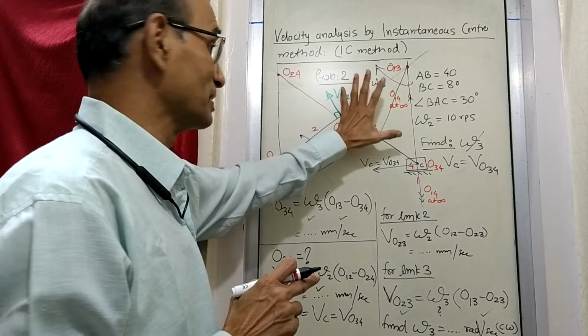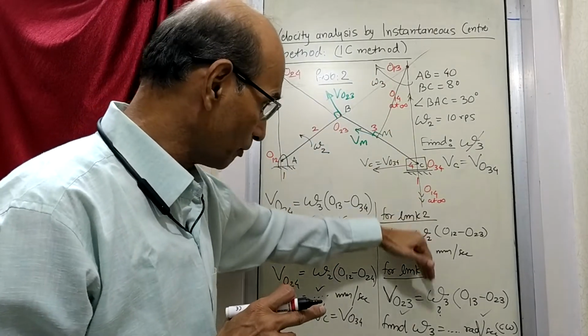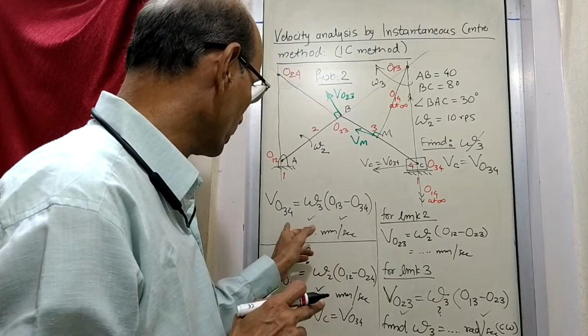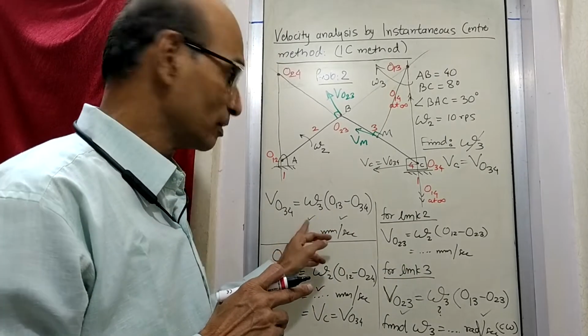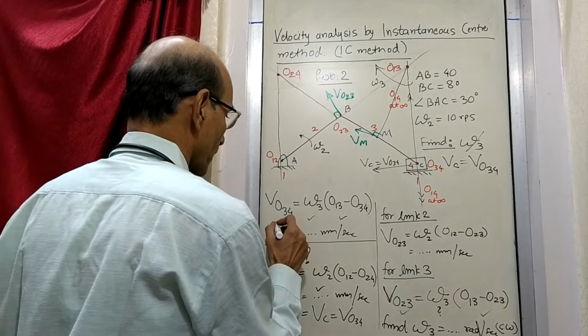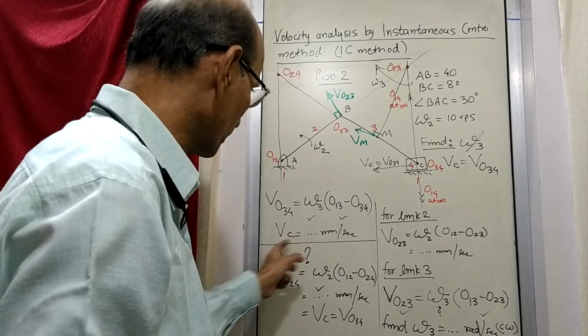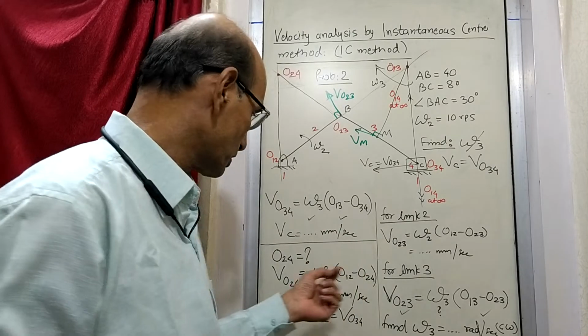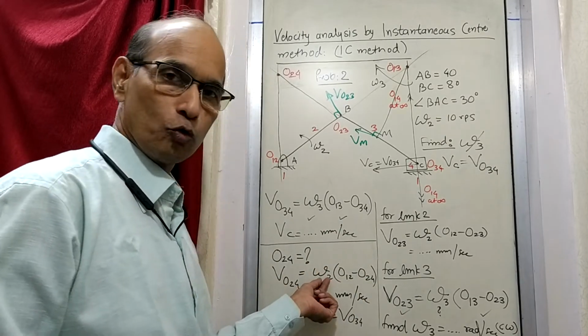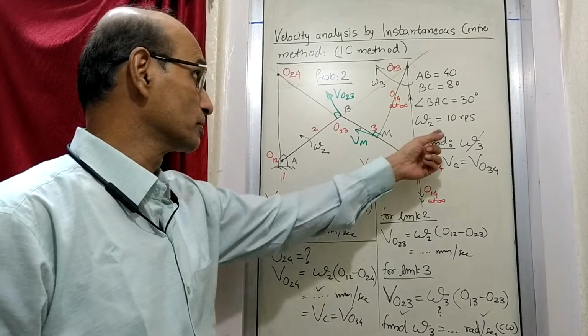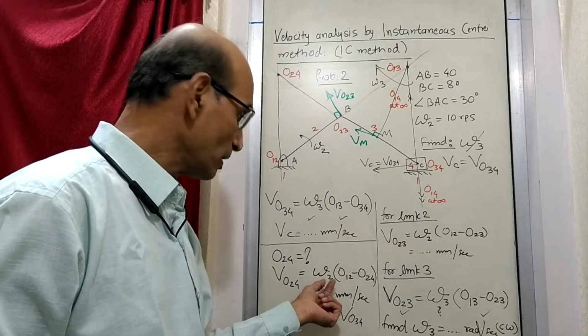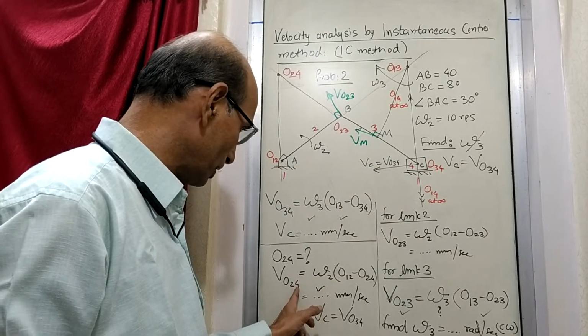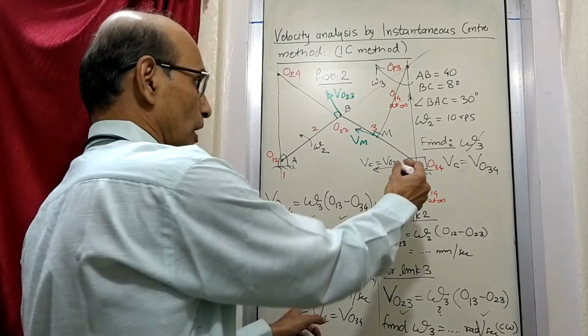After finding out the ICs, when we started solving the problem by step method and we came to know the velocity of slider, that can be done by direct method just by doing this much, which consists of omega 2, because omega 2 is given, and a point lying on the slider.